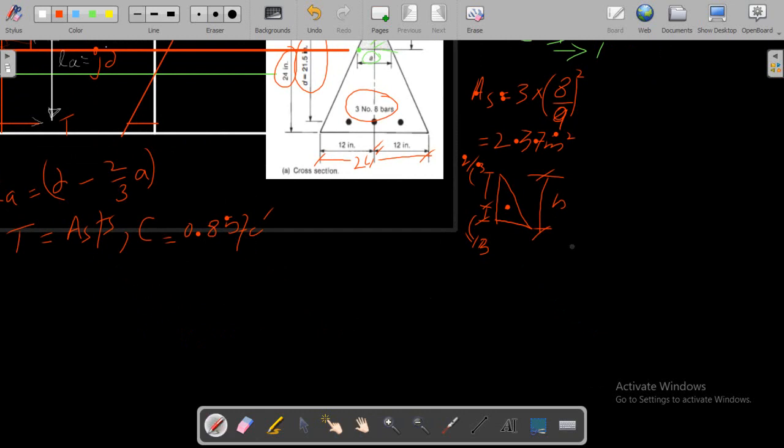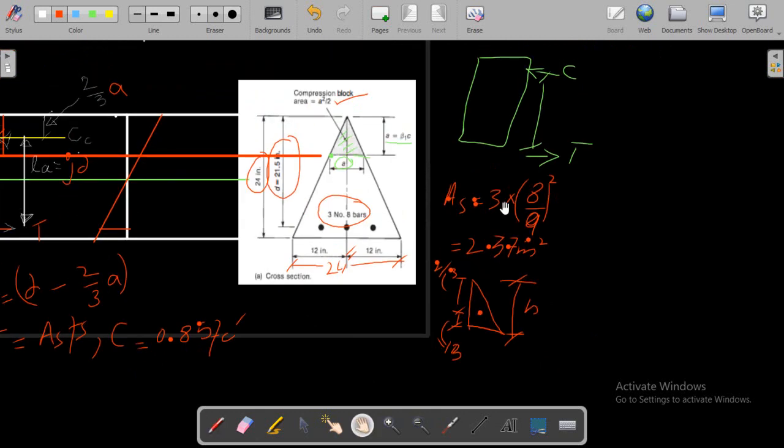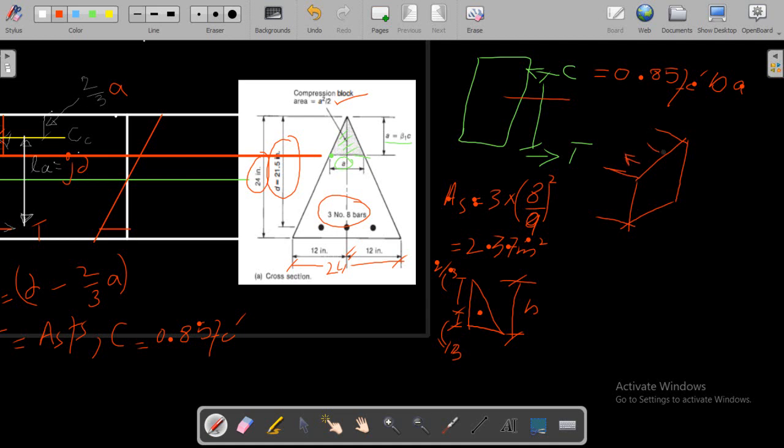In the case of a rectangular section, we know the area of this section, and C is 0.85 fc' times b a. But this is for a rectangular section. When we see the stress distribution diagram or block, let me draw the 3D view. This is my stress distribution block.